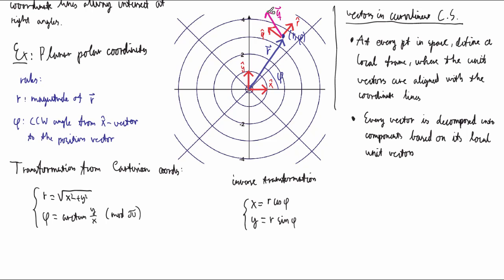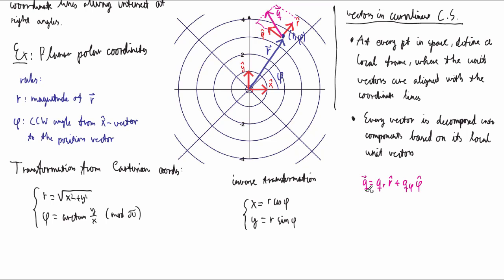And then Q here now, if you want to find its components, what we'll have to do is decompose it into the phi direction and into the r hat direction, like that. Right. So in this case, we'll get that Q equals Q_r times r hat plus Q_phi times phi hat.